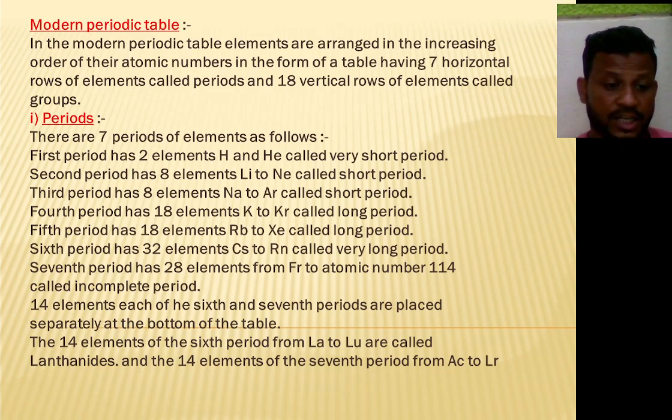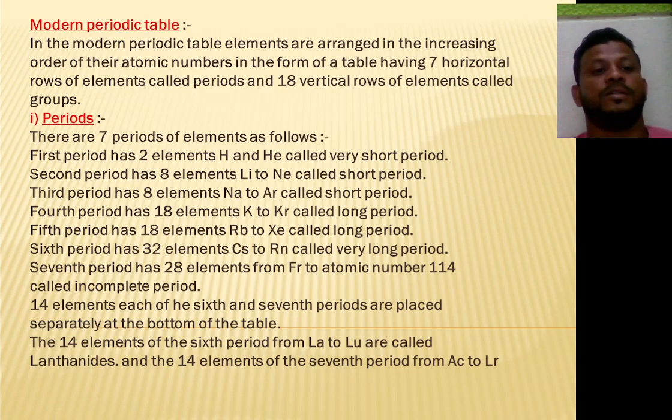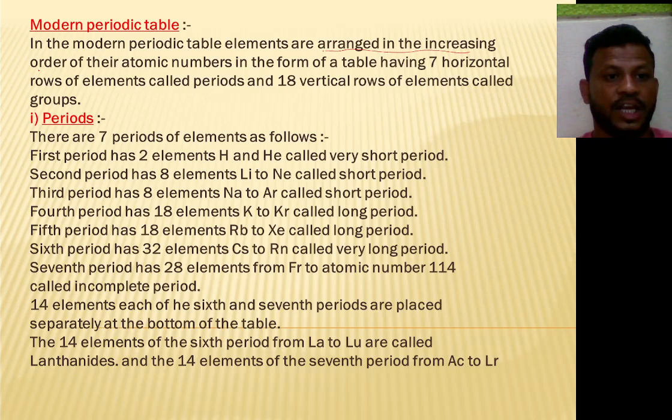Let us see what properties the modern periodic table has. Look here, modern periodic table. In the modern periodic table, the elements are arranged, and the same concept is taken here, that is the arrangement in increasing order of their atomic mass.